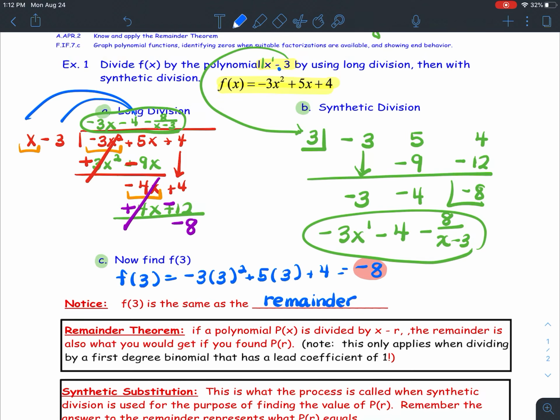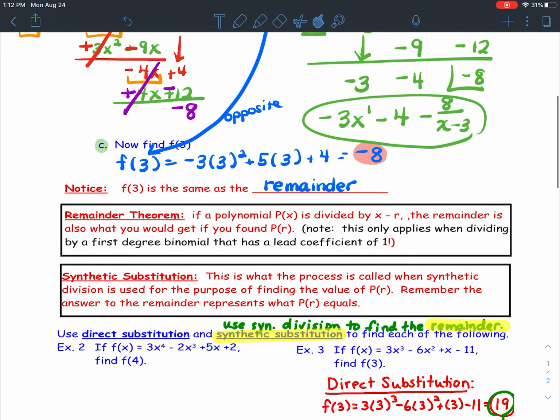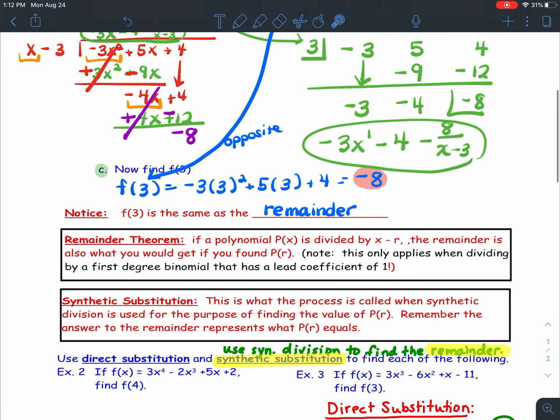Now, what is the importance in plugging the 3 in? Well, that is coming from the fact that we would have taken the opposite, kind of like what we do with synthetic division here. We flip the sign on this constant that's with the binomial, and we're plugging a +3 in, okay? So what we just did there is what is called the remainder theorem.